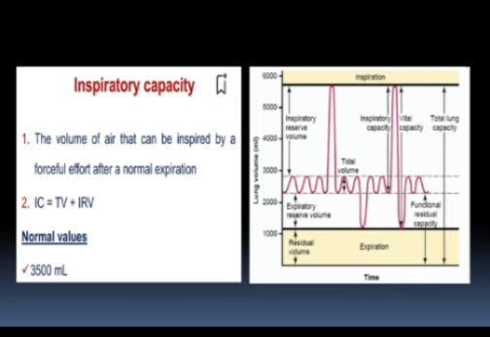So inspiratory capacity here simply means the summation of tidal volume and inspiratory reserve volume. So what is the value for tidal volume? 500.